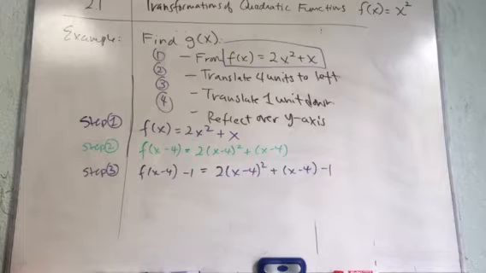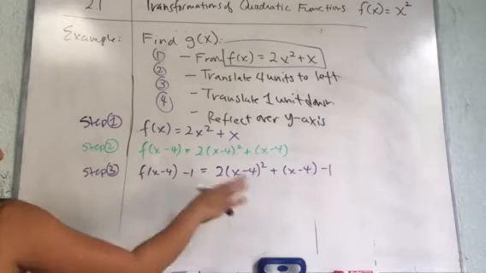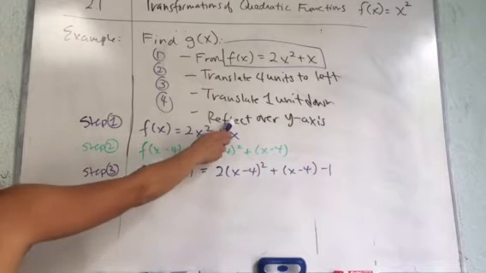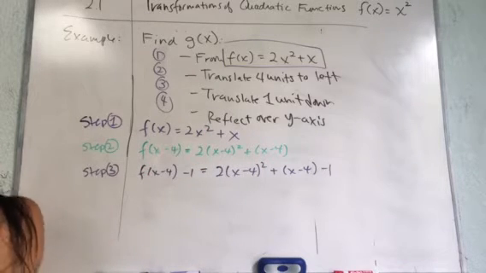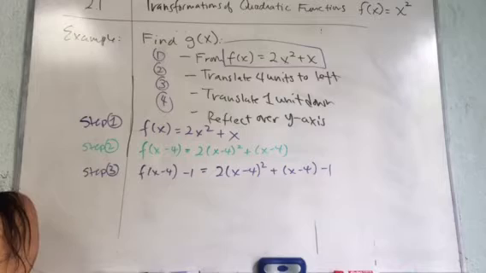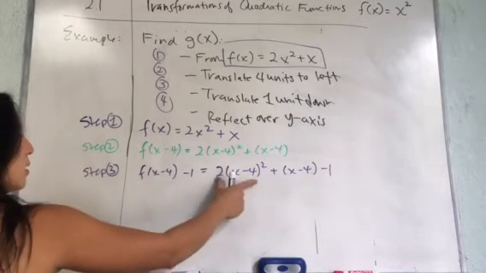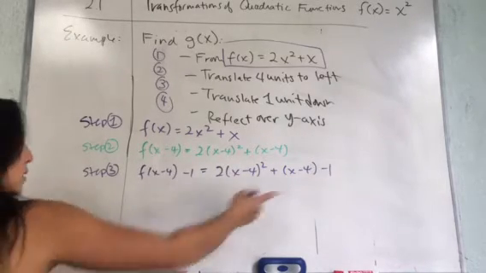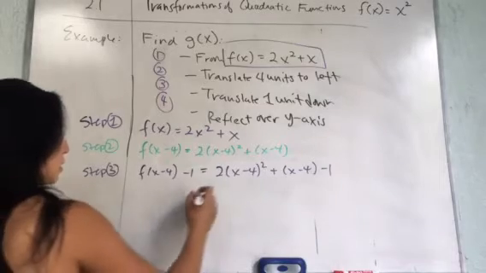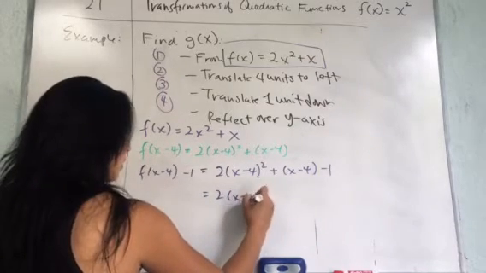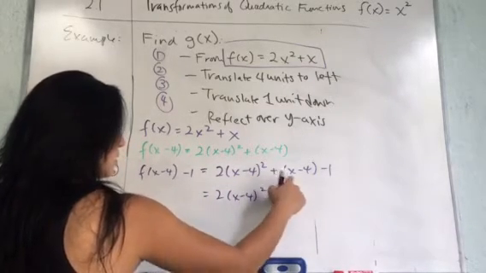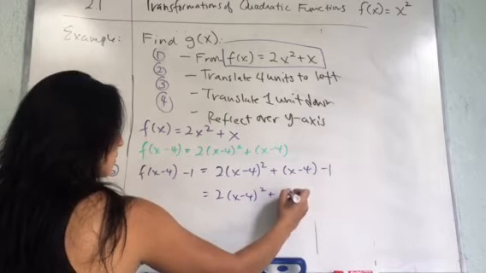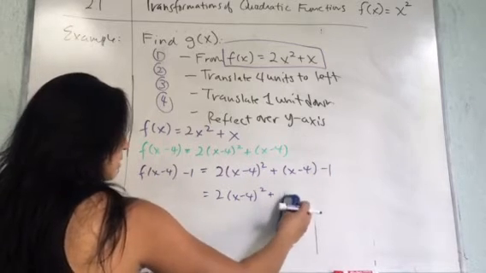From here, let me clean it up at this point, because this reflection is going to get a little bit more complicated. I'm not going to simplify this yet, but this part is bothering me, so I'm going to clean it up, because this is going to be plus x and it's going to be minus 5.